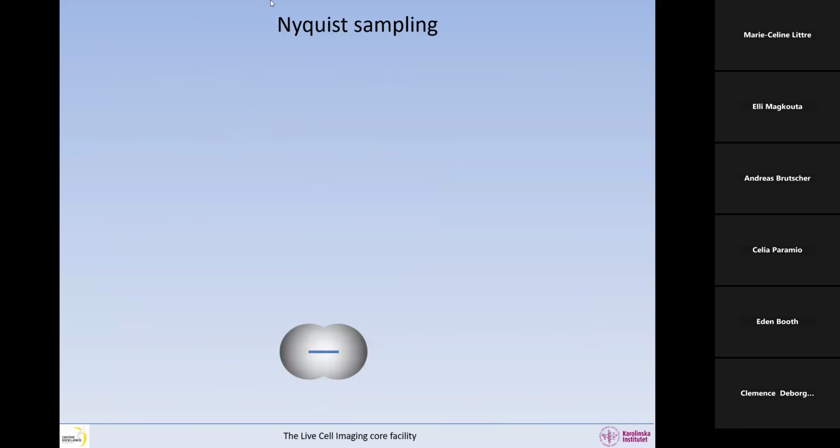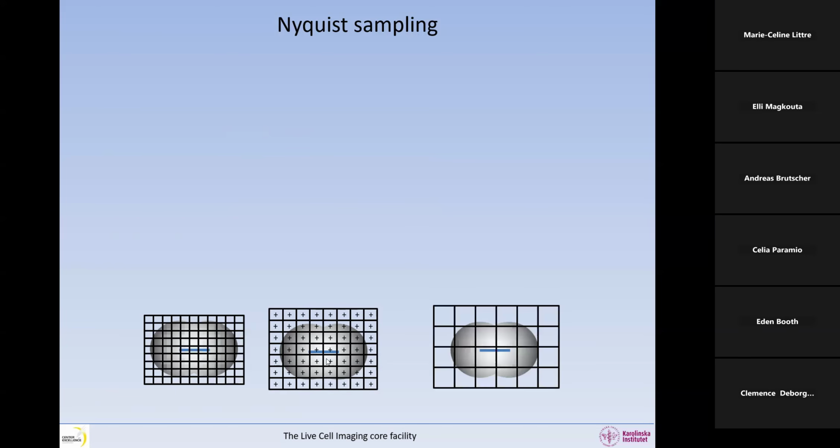So here we go. We have our 2 point spread functions very close to each other, at the limit of resolution. So the distance between them is actually the radius of 1 point spread function. Now we want to sample this optical image by taking lots of sampling points, and we reconstruct the image with all the information that we get from the sampling points.